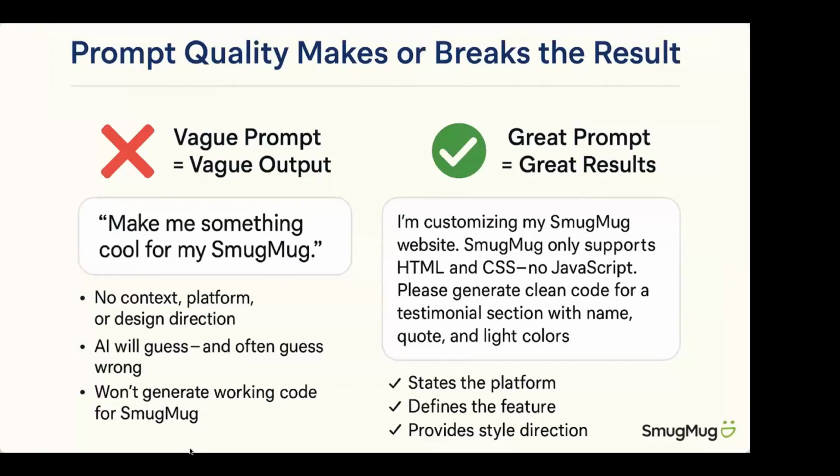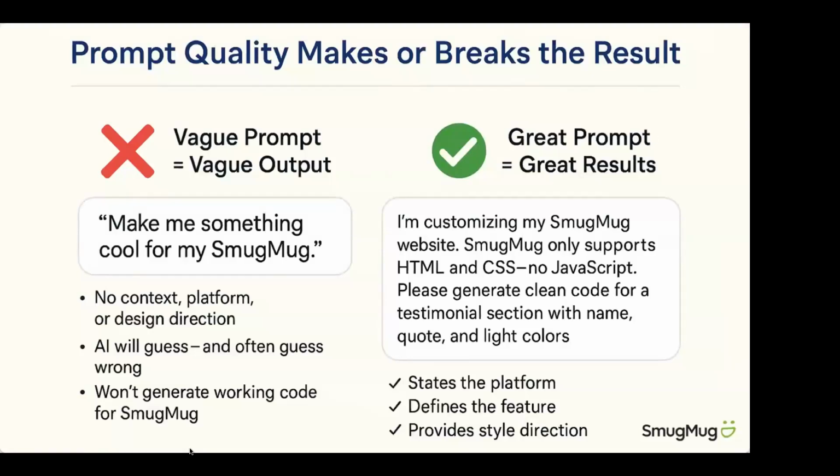Element specifications: a testimonial section with specific components like name, quote, and headshot. And then the design direction: use soft corners and light colors. Now, this isn't a super detailed prompt, but it gives the AI everything it needs to hopefully succeed. The AI has clear parameters to work within and enough specificity to deliver useful code on hopefully the first attempt.